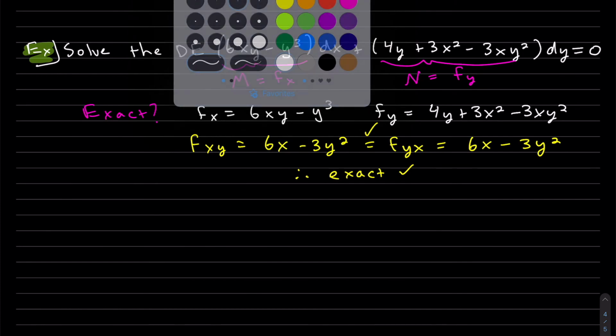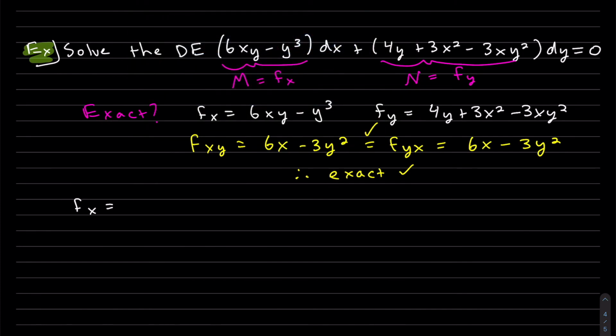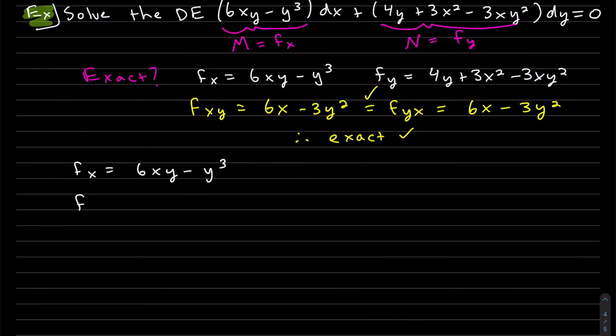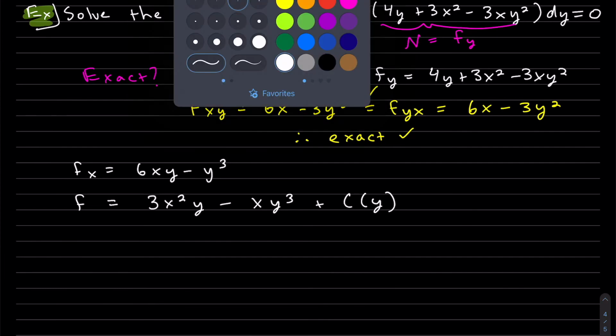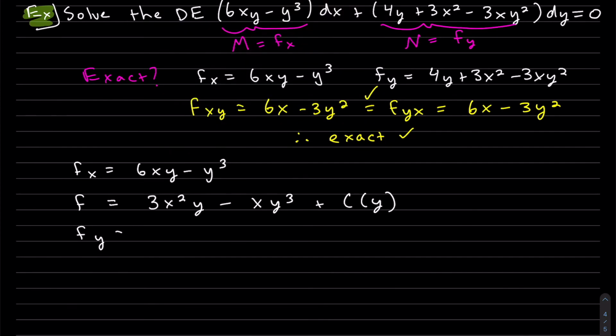We start with f of x. Find f. So that's the derivative, so I'm integrating in terms of x. Okay, so we found basically our f of x, y, but we need to find our c of y, our constant there first. So it would be find f of y. So now we're differentiating in terms of y.